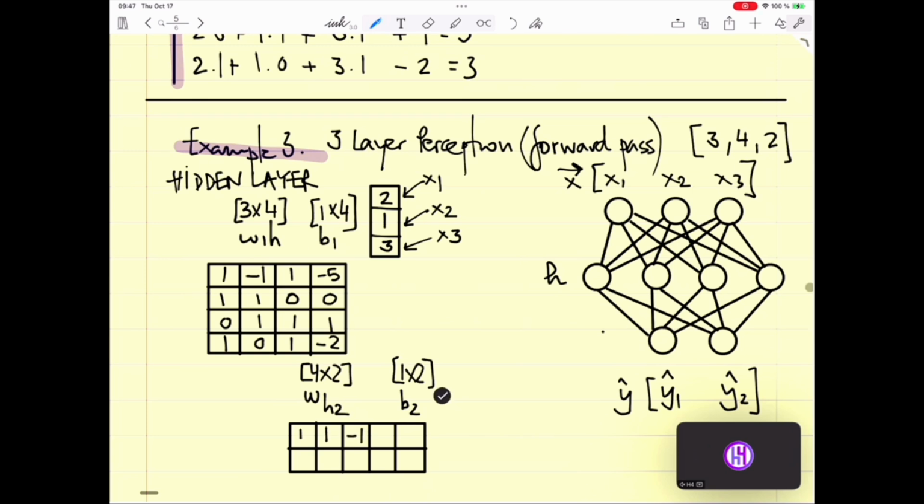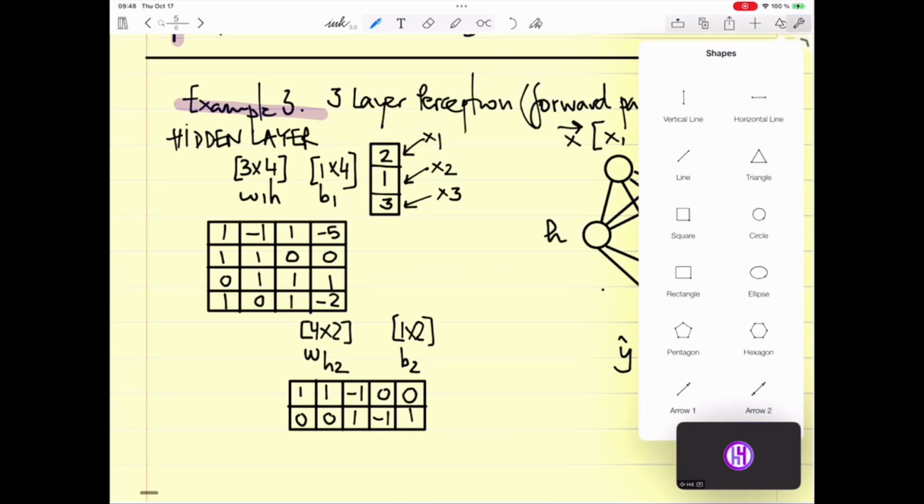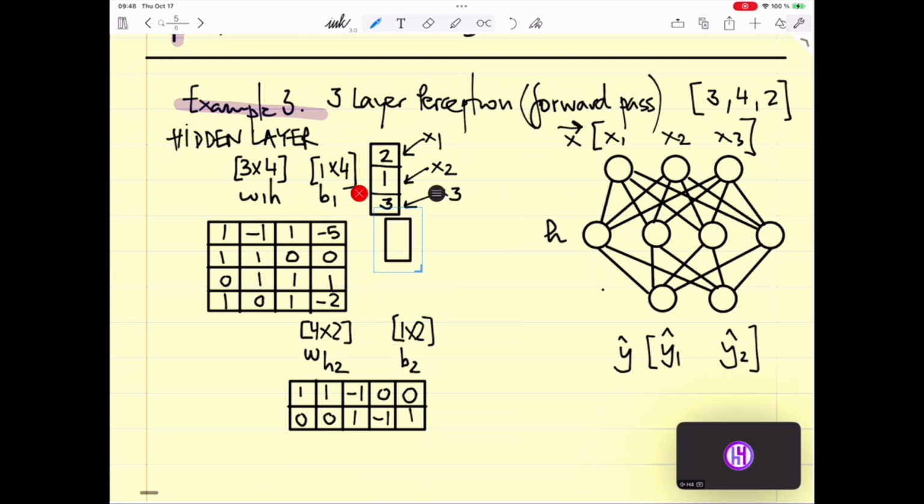I'll just put some random numbers: 0, 0, 1, minus 1, 1. And then I will ask you in the exam, please calculate I1, I2, the vector, which is going to be something like, with dimensions of what?